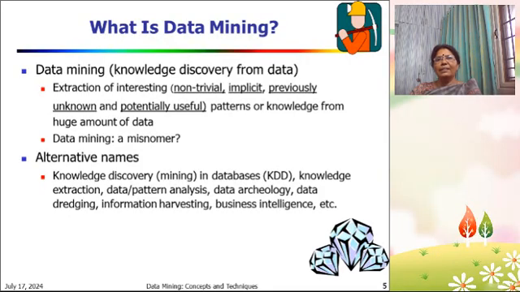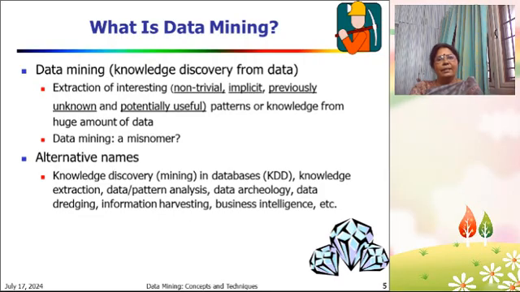If we are deriving the same type of information that is already known, then there is no use in applying data mining. So there should be something interesting and new. Previously unknown means some novel information, and potentially useful. Simply because it is new, we cannot consider it; it should be useful, right?